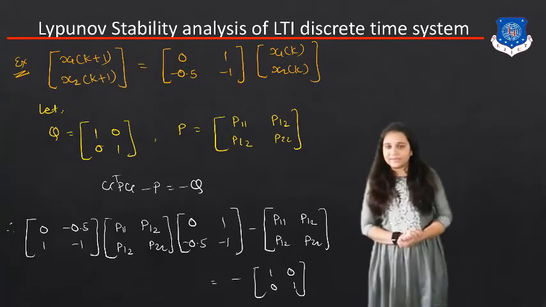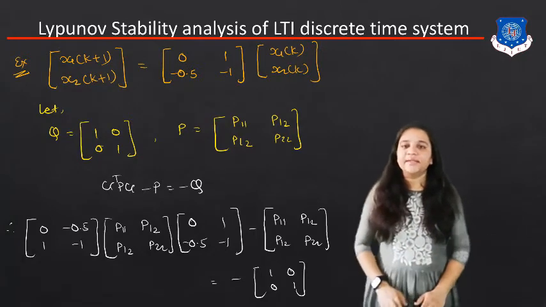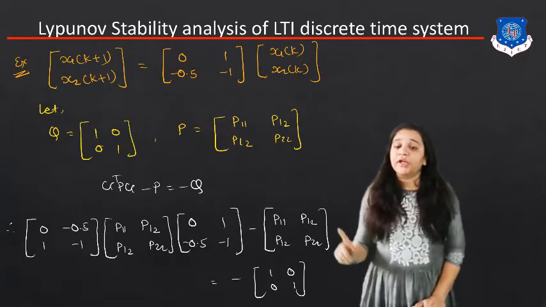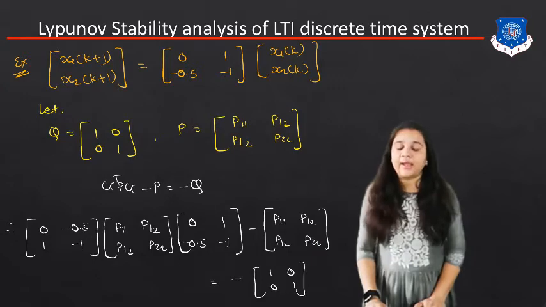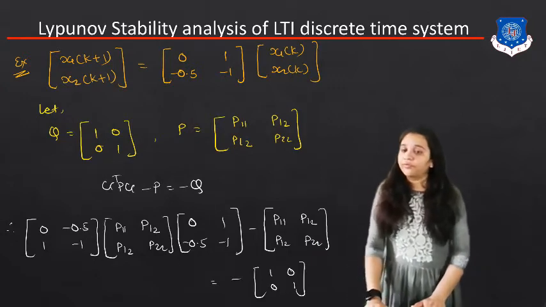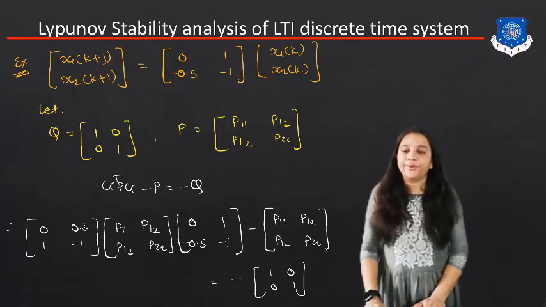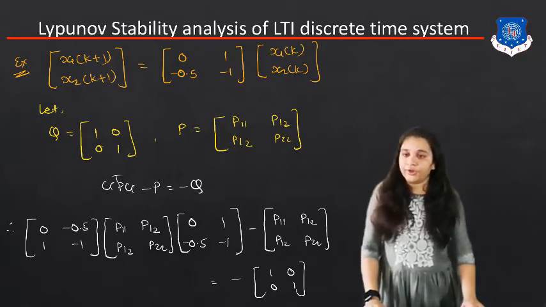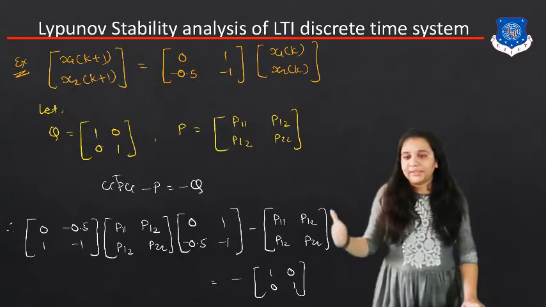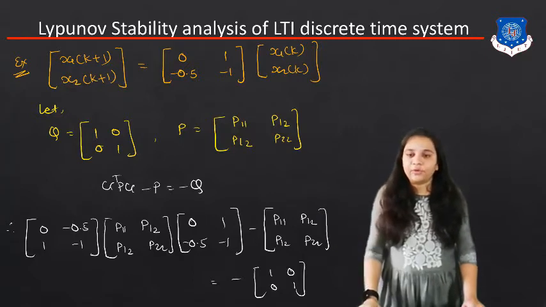Now what is the next step? Same as the continuous time system, we have to solve this matrix and then find the values of P11, P12 and P22. So you have to multiply these three matrices and then subtract the P matrix.